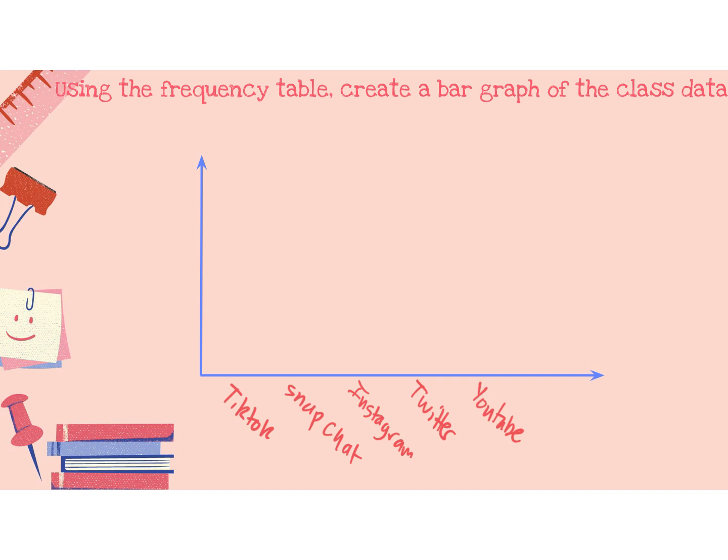And then along our vertical axis, we're going to label our frequencies. So our highest frequency was 7. So let's just make this up to 8 to give us a little buffer.